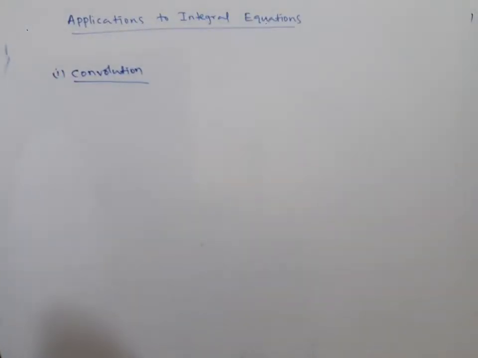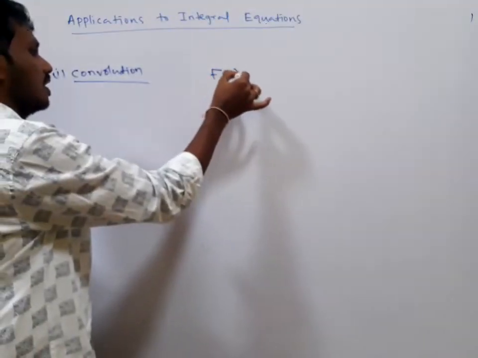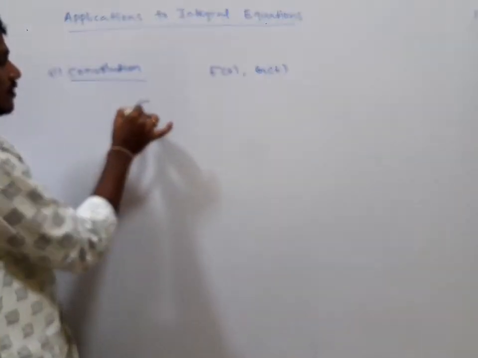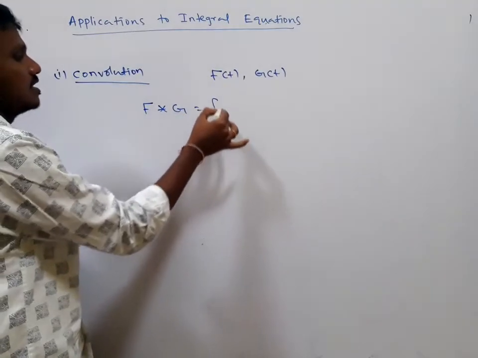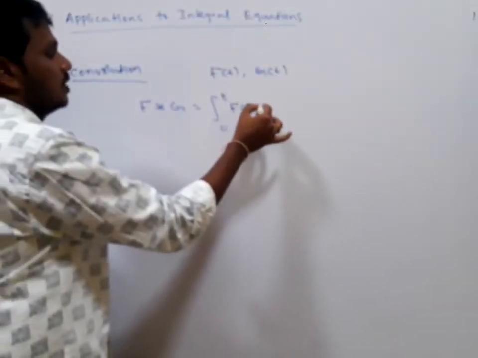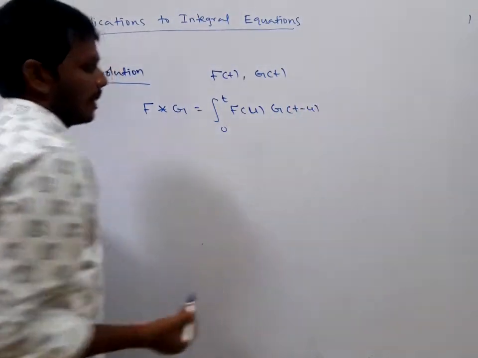Suppose the convolution of f of t and g of t, functions of t, is denoted by f star g, and it is defined as the integral from 0 to t of f of u into g of t minus u du.